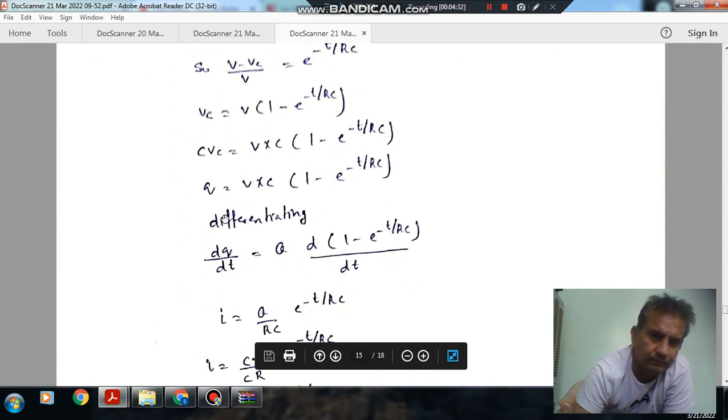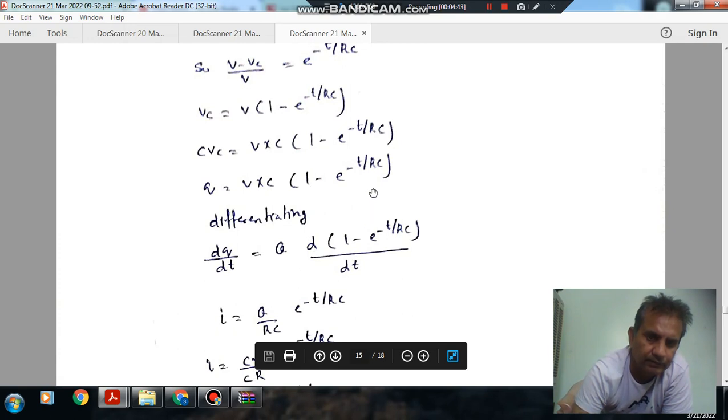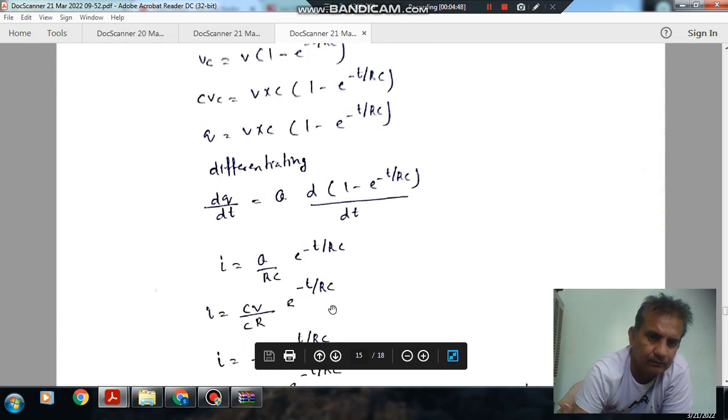Now we can differentiate to find the current. This is the total charge; the differentiation of the constant term will be 0, and the other term gives division by RC times e to the power minus t by RC.